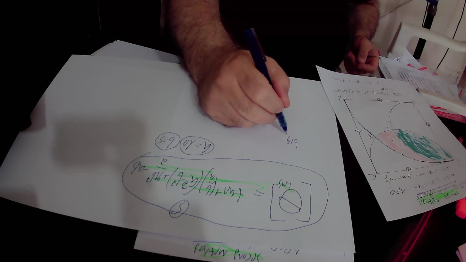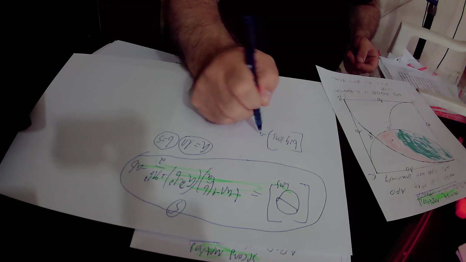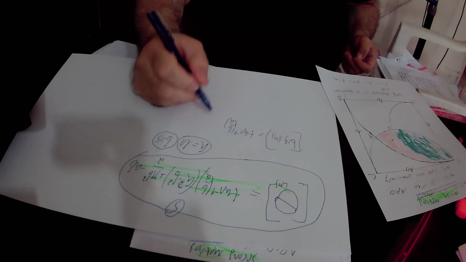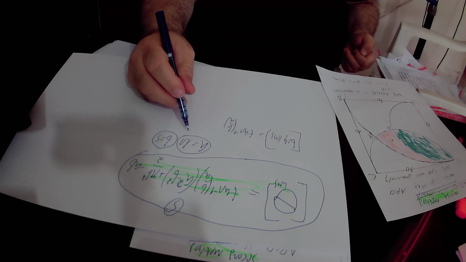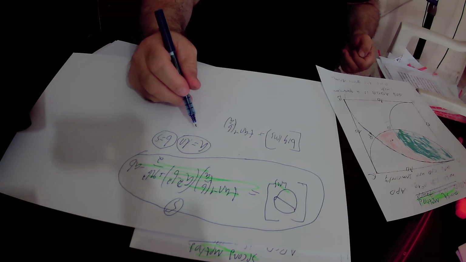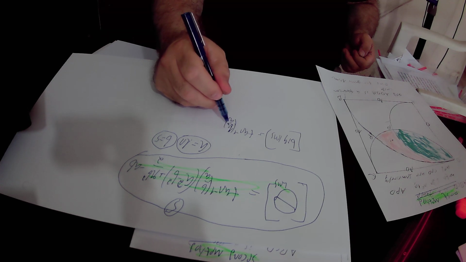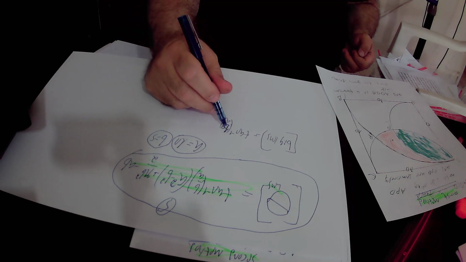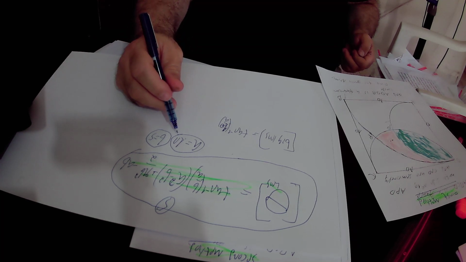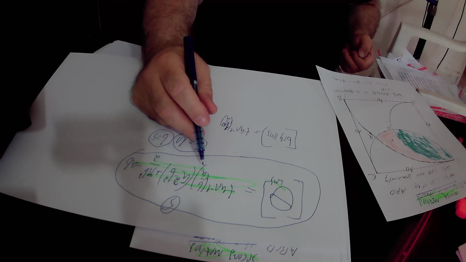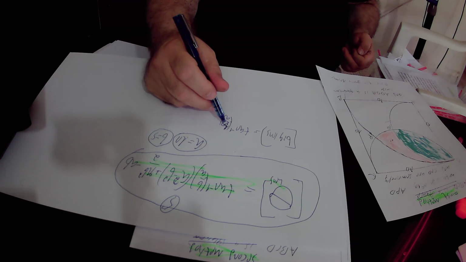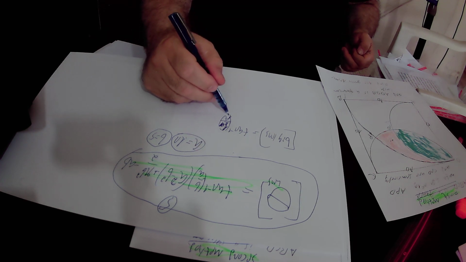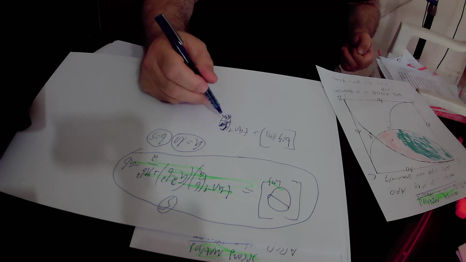So the area of the big lens will be equal to tangent minus 1 of B over A. Here A equals 10 and B equals 5, so it is 5 over 10.